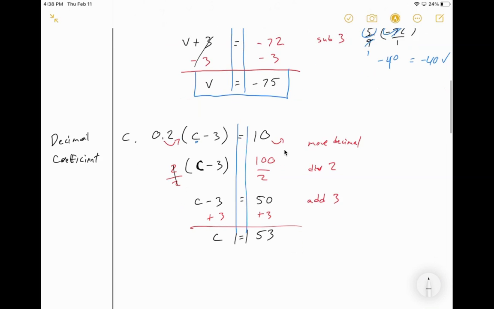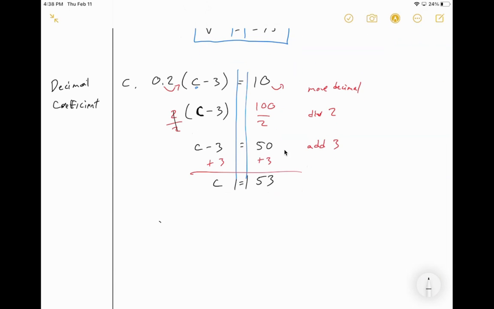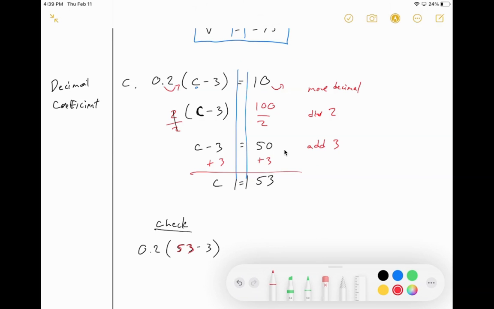All right, let's go ahead and check it and see if we got it right. I'll do my check down here. 0.2 times 53 minus 3. Again, 53 is the answer that I got. Put it in red here. Should equal 10, which is where I started.